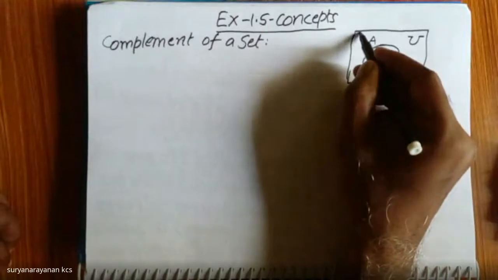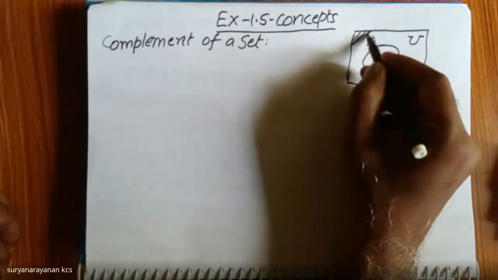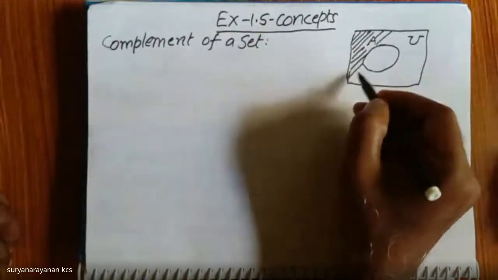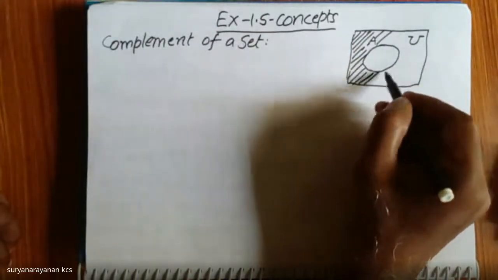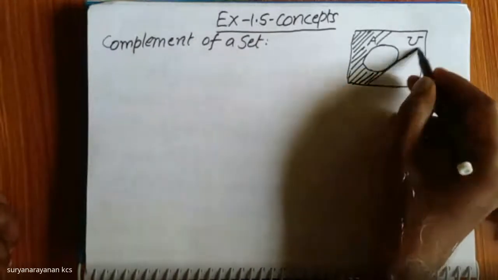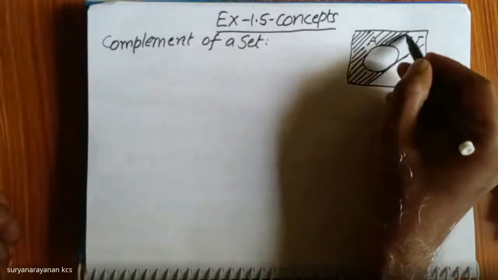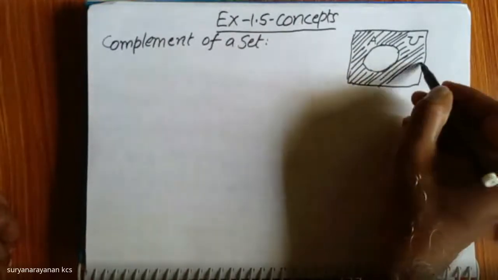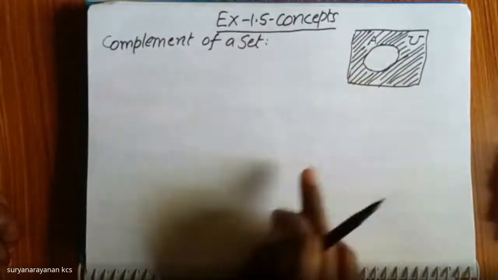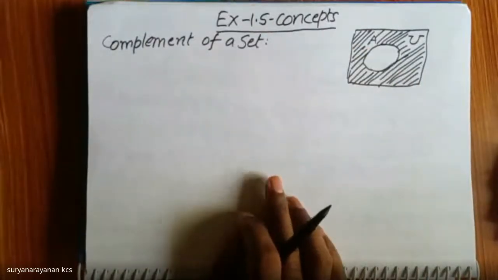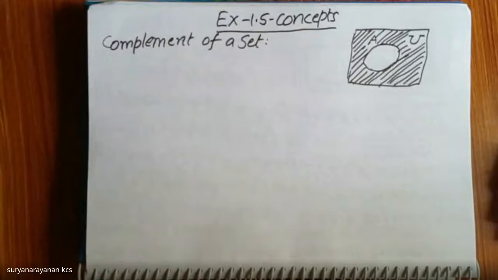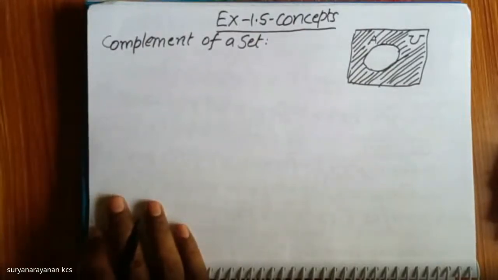This is the shaded region. This slant lines shaded region denotes the complement of the set A, and it is denoted by A dash or A complement.